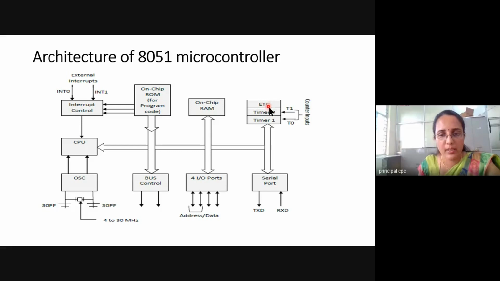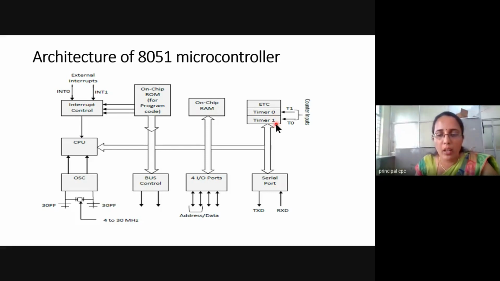Next, you have two timers, timer 0 and timer 1. They are 16-bit registers, which are used in timer mode as well as counter mode. In timer mode, we count the internal clock frequency.